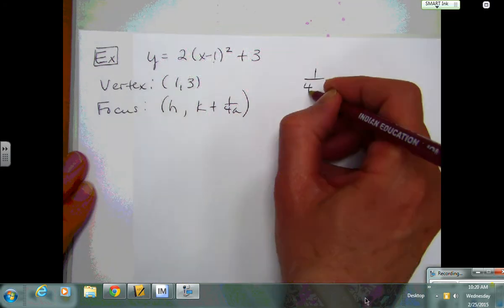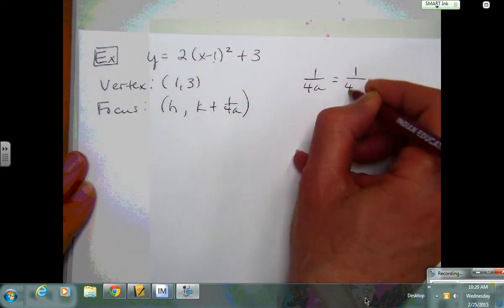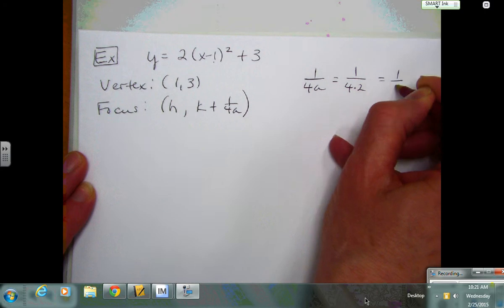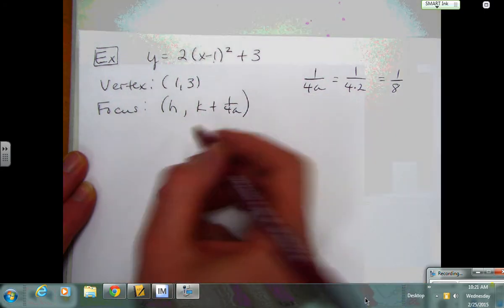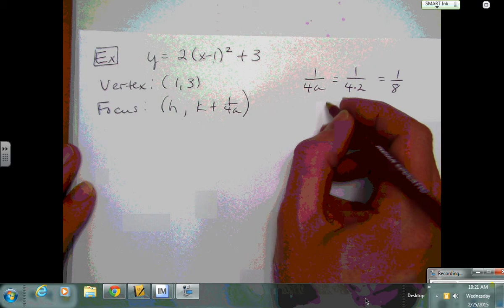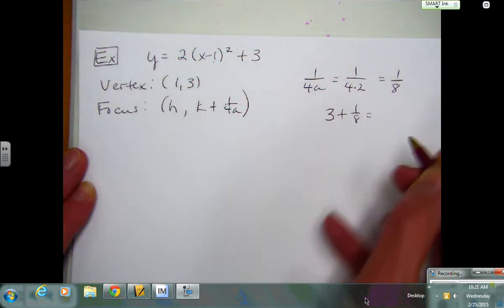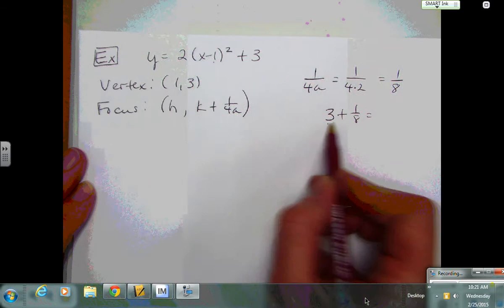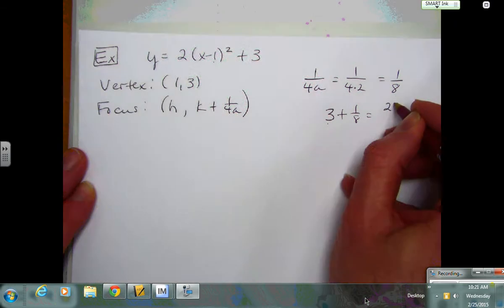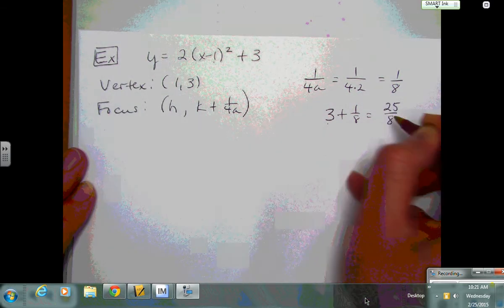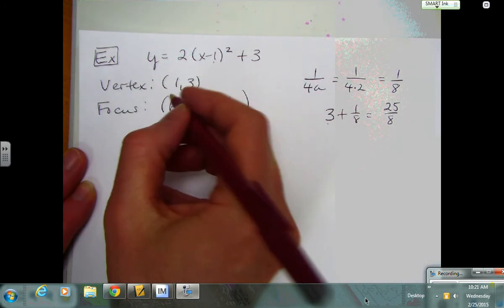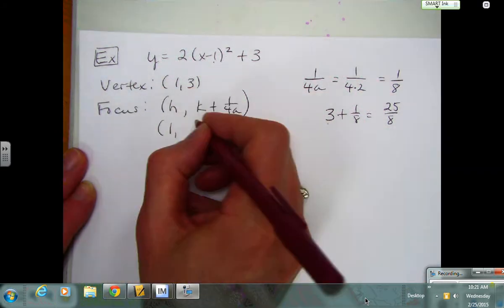Okay, so 1 over 4 times 2 is 1 over 8. So to get my y value for the focus, I'm going to take k, which is 3, and add 1 over 8 to it. I have to change this so it has a common denominator, and I'm going to wind up with 25 over 8 for my y value for the focus. So the focus is 1, 25 over 8.